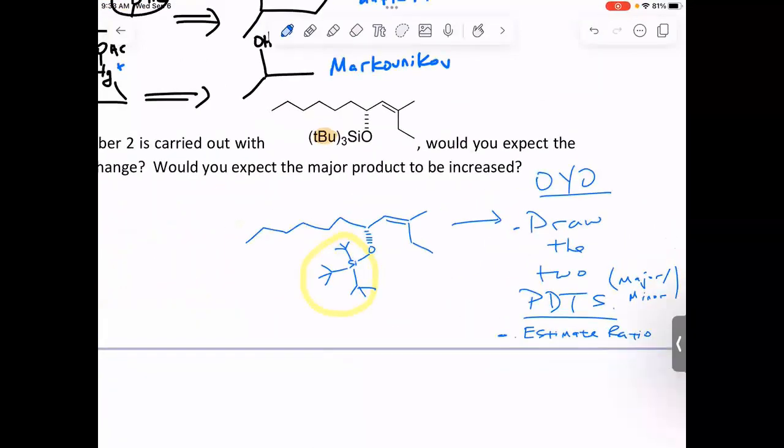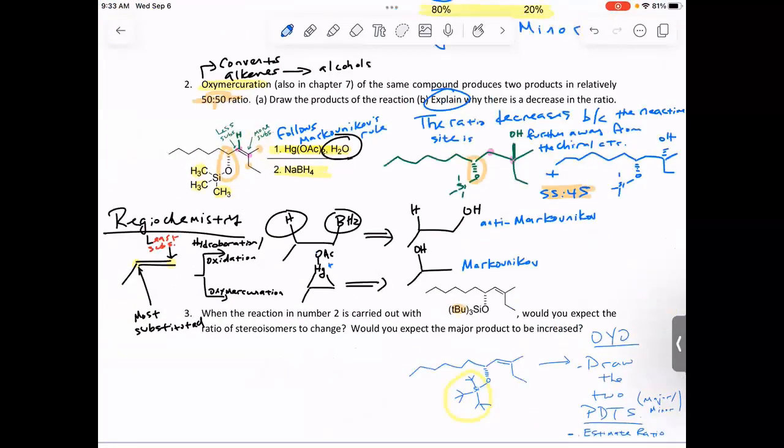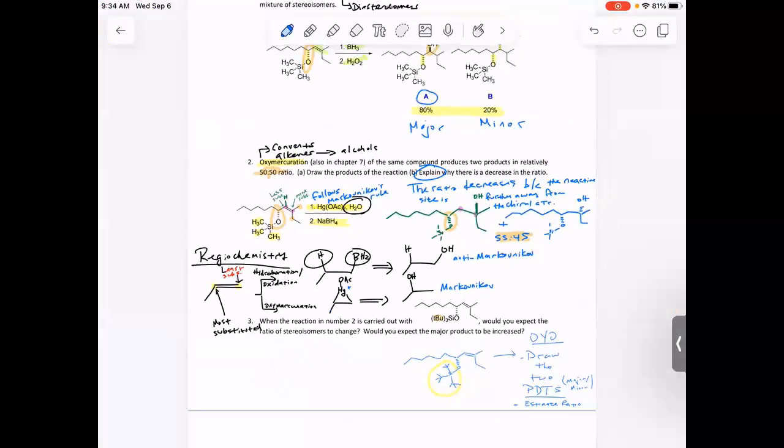There's no wrong answer there, but it can't be the same ratio that we had in problem number 2. We already said that the ratio is going to change in favor of the major product, but the number is up to you. Any questions about that?